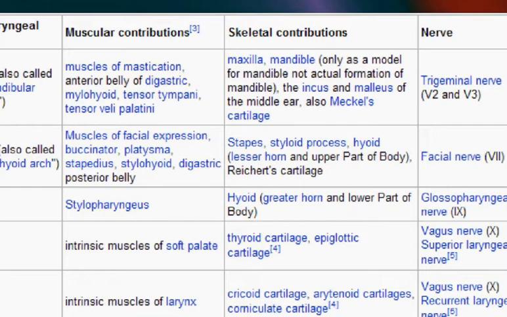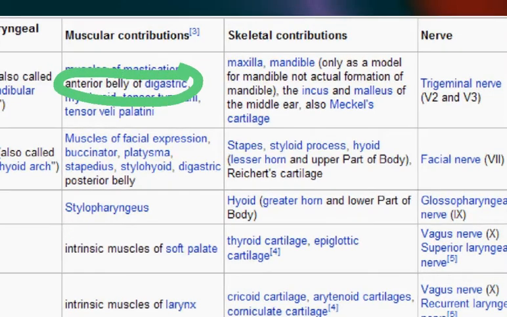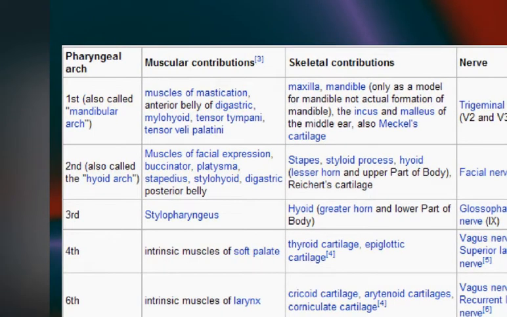Notice here that the digastric muscle is derived from two pharyngeal arches. The anterior belly is derived from the first arch, and the posterior belly is derived from the second arch.